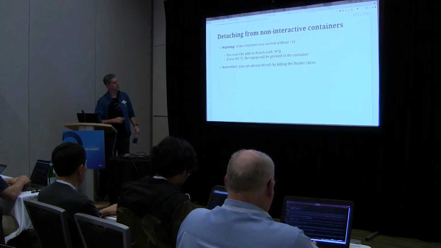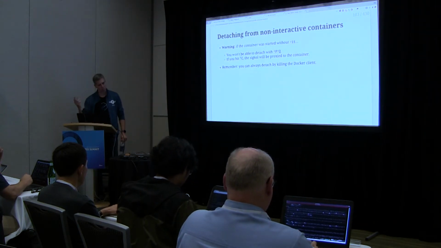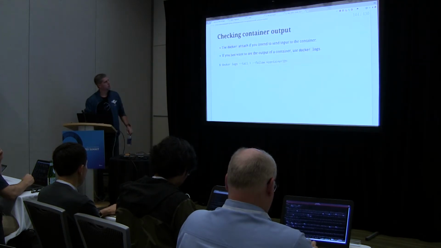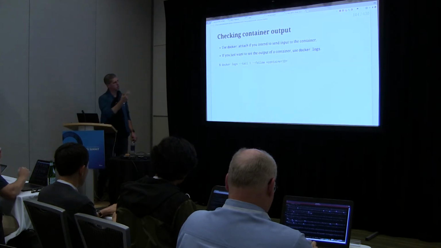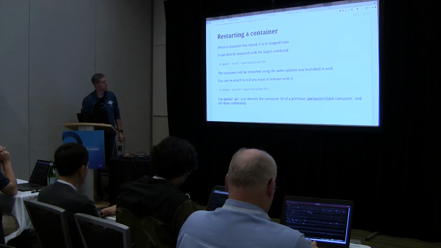Yeah, so obviously if I didn't start my container properly, then I couldn't attach to it or detach from it properly. So the recommendation here is if we want to interact with a container by sending it input, Docker attach. If we have a background container and we just care about its output, obviously Docker logs makes more sense.